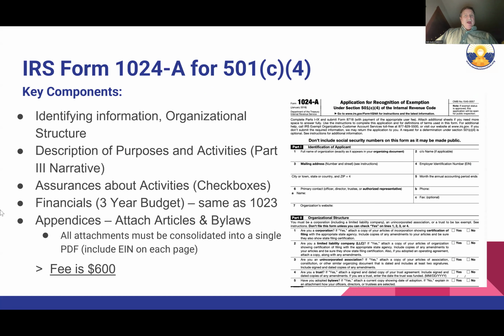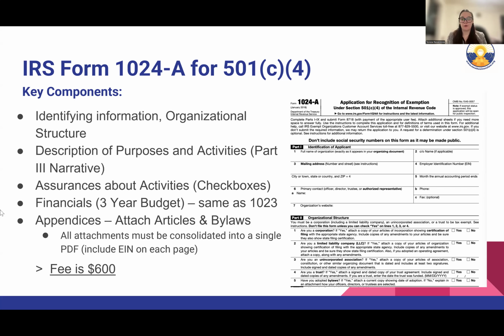Okay. All right. So, Tracy, you want to tell us about this other form, the 1024A? We'll just preview that a little bit for them. That's for the 501(c)(4). Yeah. So as we mentioned in the beginning, the 1023 or 1023-EZ forms will apply if you're one of the 501(c)(3) exempt organizations.